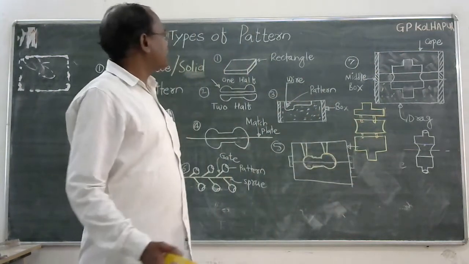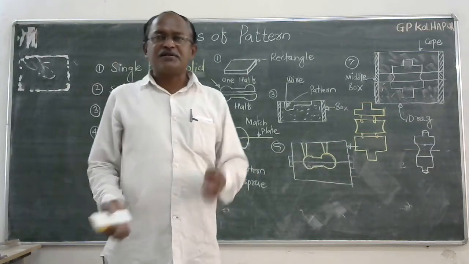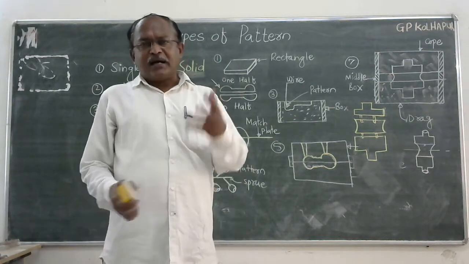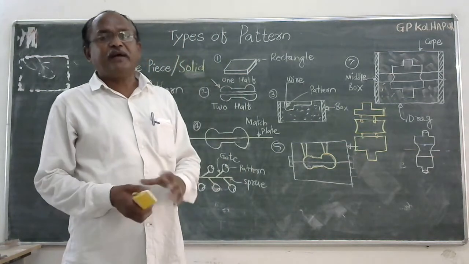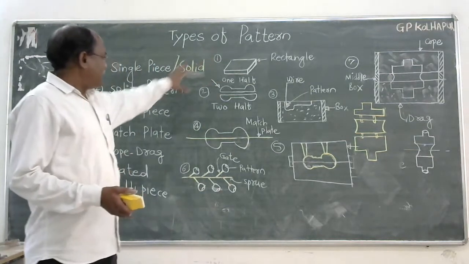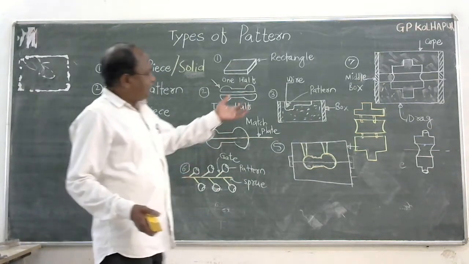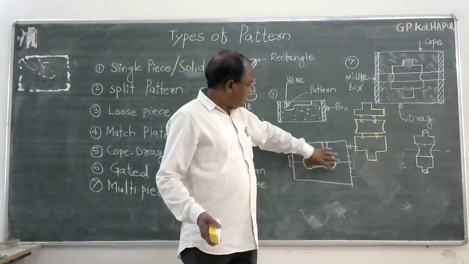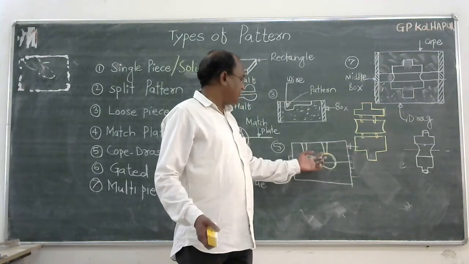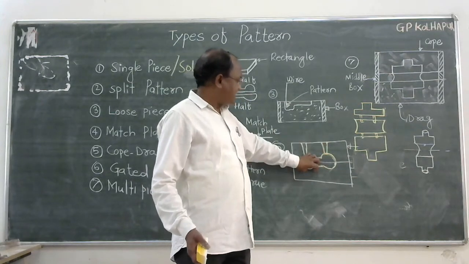All these patterns are made of wood because wood is easily available, cheap, low in weight, and you can easily give variation to the wood material. The pattern is placed in the box, sand is filled around the pattern, the pattern is removed, and the runner, riser and cavity are created.